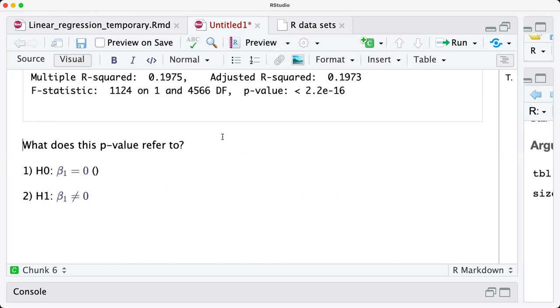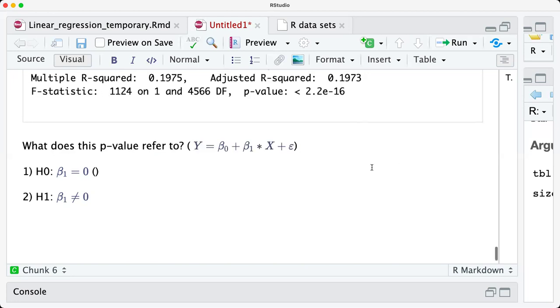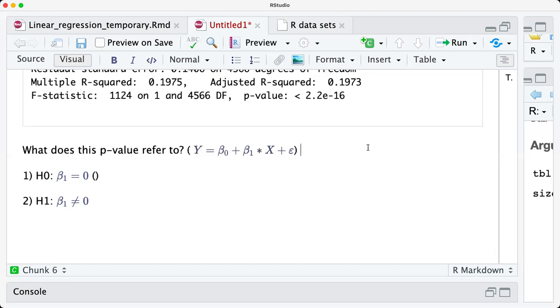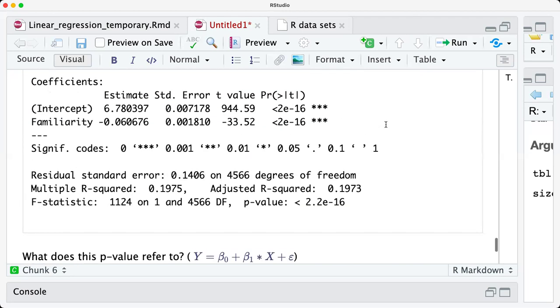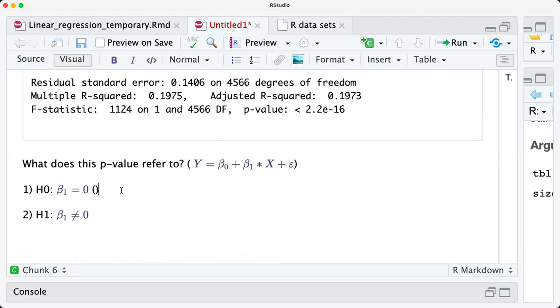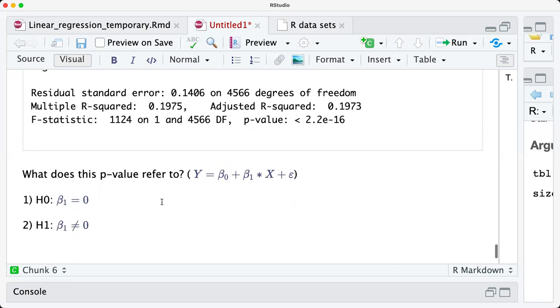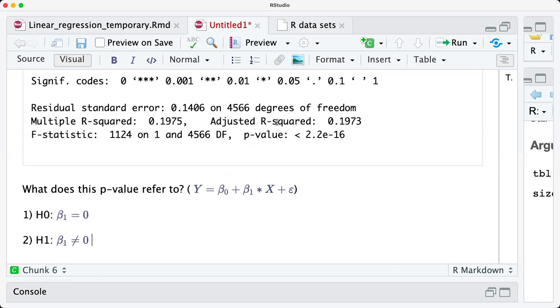We are always assuming this in this framework. Otherwise, all the statistics will not tell you anything, and you will be misled by them. So this is the test we are doing, and the p-value is associated to this test. This is actually a t-test.